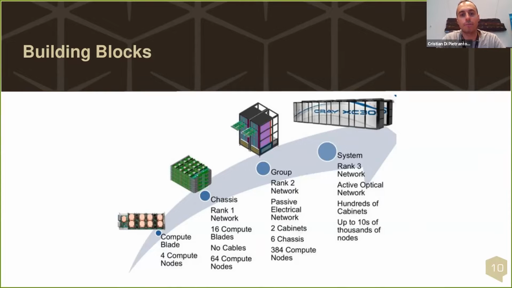Then the chassis are put together in what we call cabinets. Each cabinet provides around 400 compute nodes, that is 400 computers. And finally, a whole supercomputer is made of hundreds or even thousands of these cabinets.